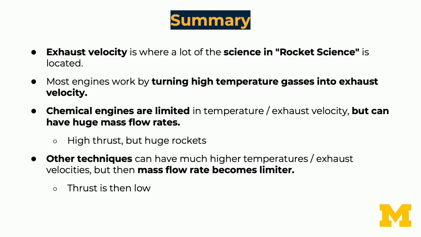These chemical engines are really good to get us off of the Earth because you can have huge mass flow rates for them. There are a lot of other techniques which we'll go into in future lessons that can have higher temperatures or exhaust velocities, but then the mass flow rate becomes the limiter, and then it's really hard to use them in rockets to get off the ground.